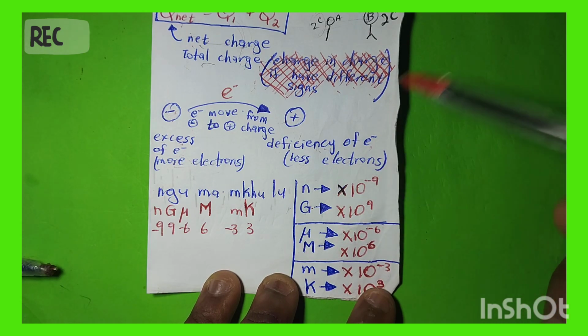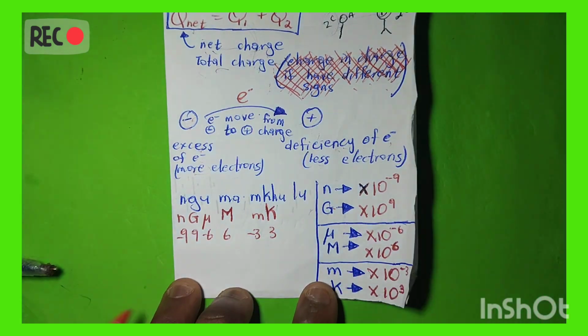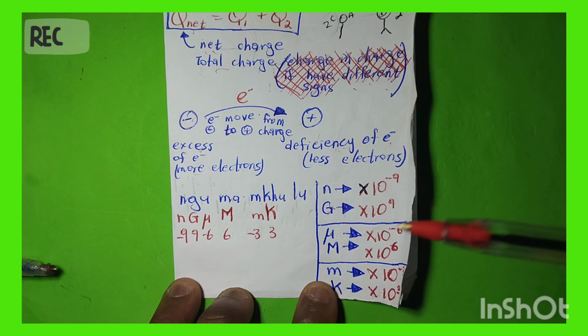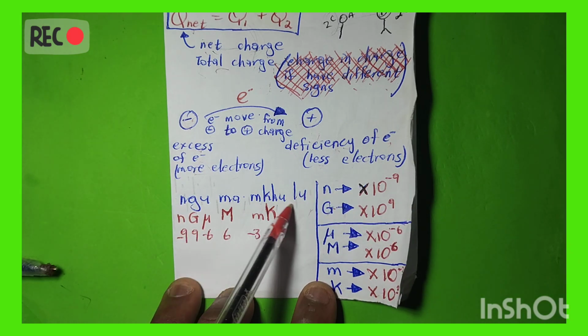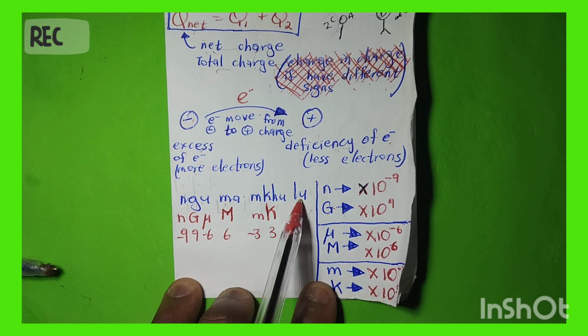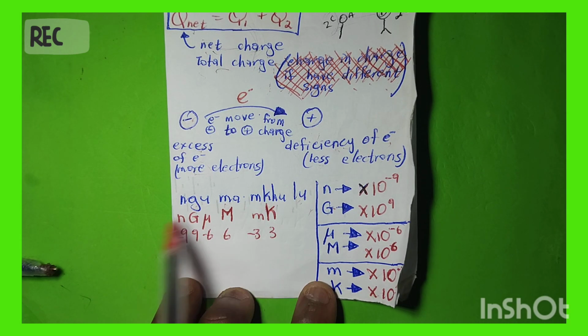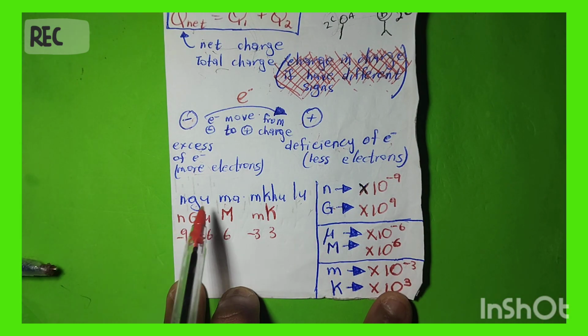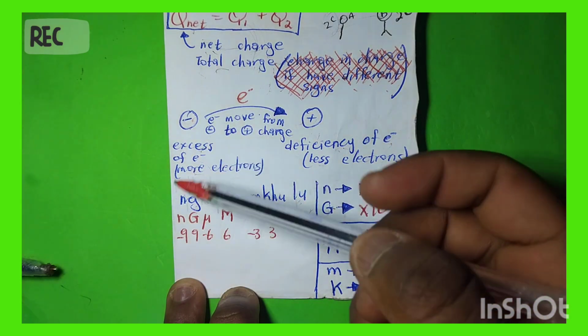But a key way you can use is a mnemonic word. You can even create your own word if you want to. Here's my own word, which is gumamkhulu. It's up to you which way you will take it, but this is the only way that I use. So what does it mean?